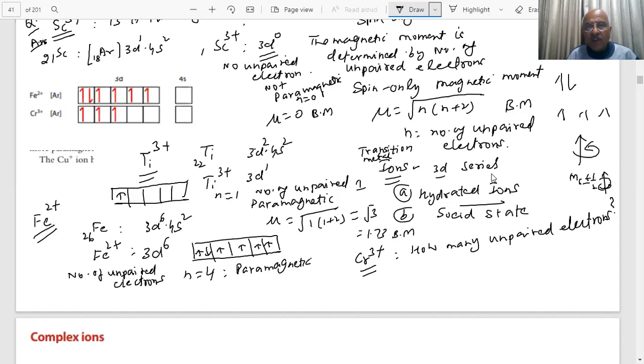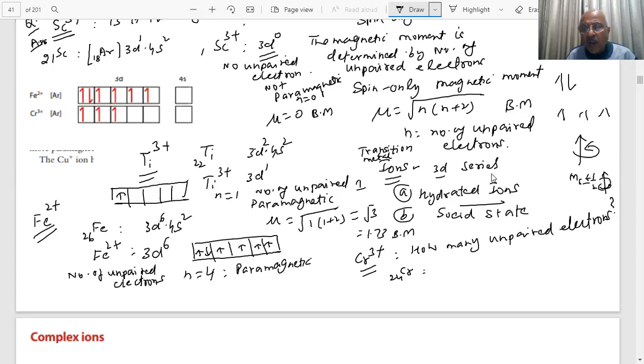What is the atomic number of chromium, students? The atomic number of chromium is 24.